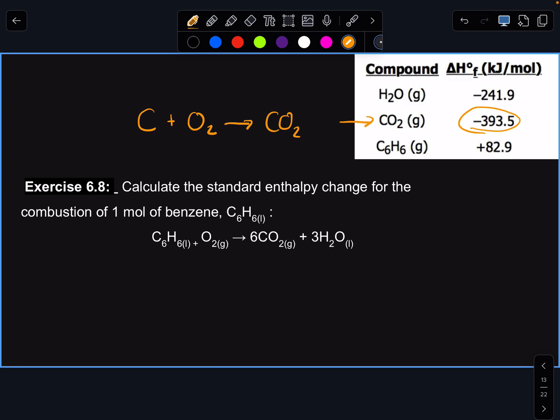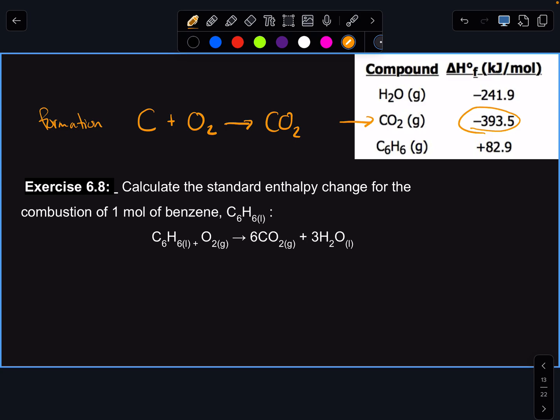This would be the equation for the formation of carbon dioxide, and the energy that gets released is that value. You can find massive tables in textbooks of enthalpies of formation that have been determined. The idea is, if I know the cost of all the pieces, I can use that to figure out the change that's happening.